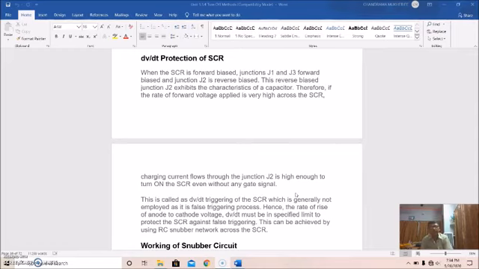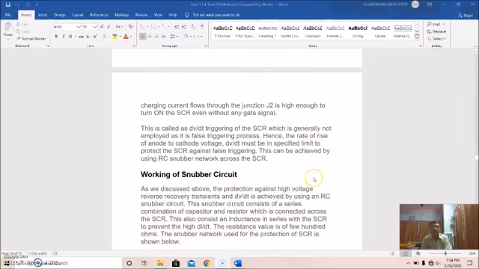Therefore, if the rate of forward voltage applied is very high, the charging current close to junction J2 is high enough to turn on the SCR even without any gate signal. This is called DVDT triggering of the SCR.